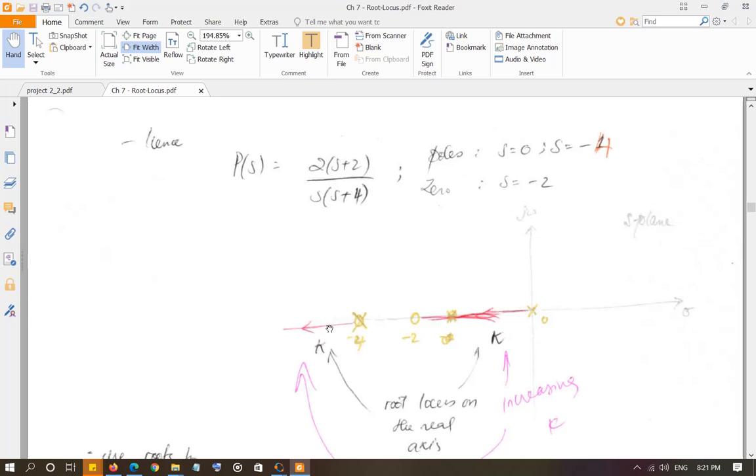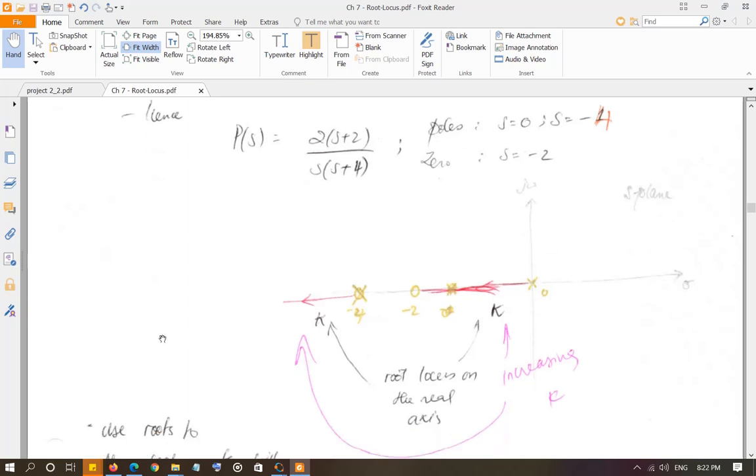That means this section all the way to infinity is part of the root locus. There is a zero sitting at infinity, and this section of root locus is going towards that zero as the value of K is increasing. So this is how you figure out which sections of the real axis are part of the root locus.